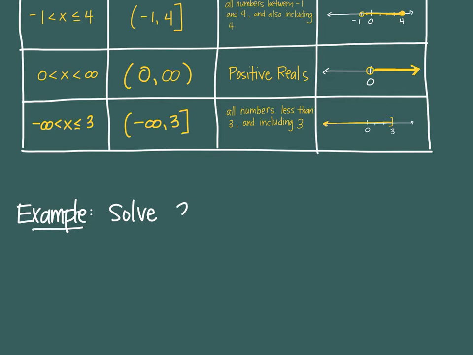All right, so let's say we have the number 3 outside of the parentheses, (x minus 1), plus 2, less than or equal to 5x plus 6. So we're going to solve this, which means go all the way to where x is by itself. All right, first step.